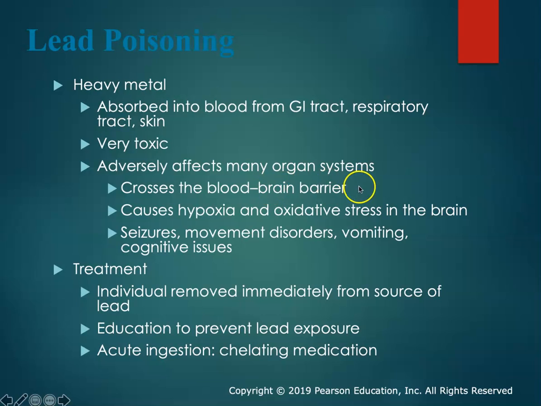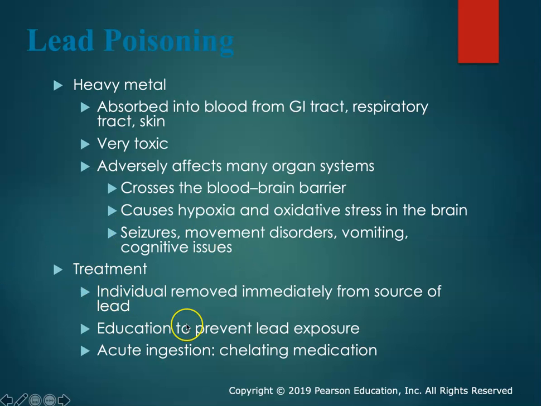It will affect many organ systems. It can actually cross the blood-brain barrier, so therefore it will affect the brain. When it gets into the central nervous system, it causes hypoxia and oxidative stress. Some of the clinical manifestations you'll see are seizures, movement disorders, vomiting, and cognitive issues because of the effects on the brain.